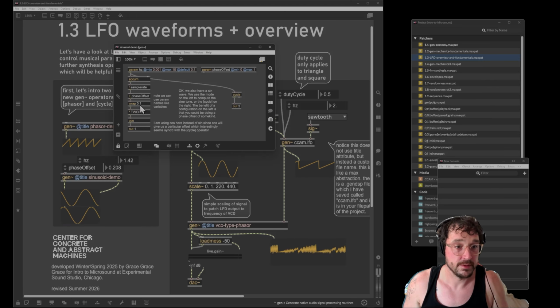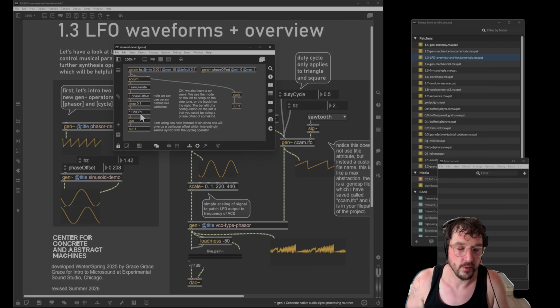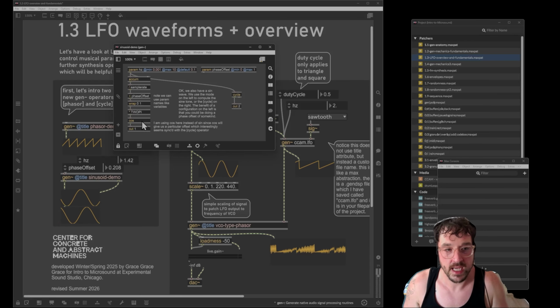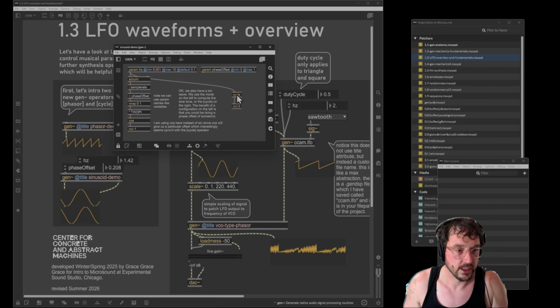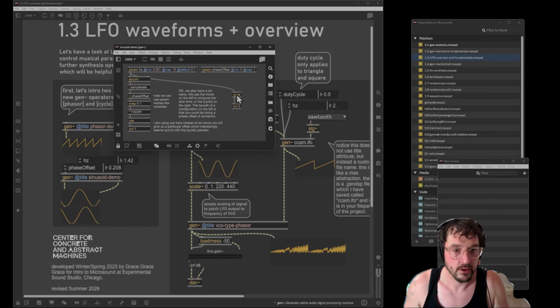We wrap this between 0 and 1, and so this is actually really just a phasor again. But if we want to get a sinusoidal motion, we can multiply by 2 pi, 6.28, and then plug that into a sine or a cosine function. Here I use cosine because it seems to map up with this cycle object here, as far as I can tell.